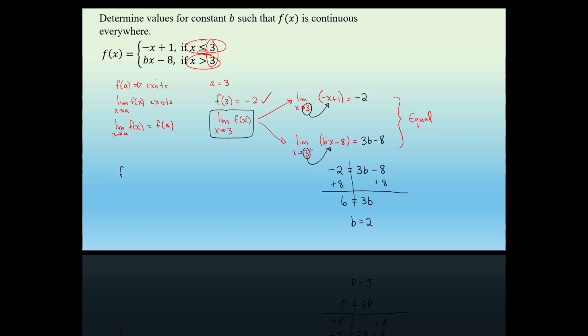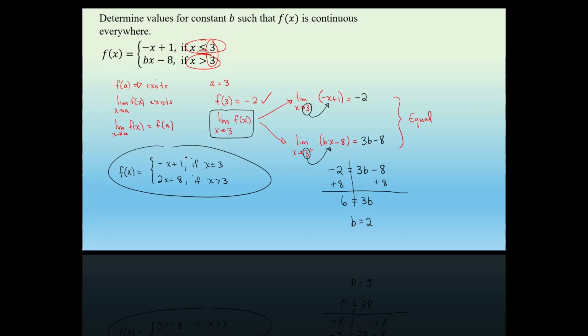So if we rewrite the piecewise function, replace b with 2, then this function is continuous everywhere. And you can prove it to yourself by determining whether f of 3 exists, the limit as x approaches 3 of the function, and whether or not the limit value will equal the function value when x is 3.